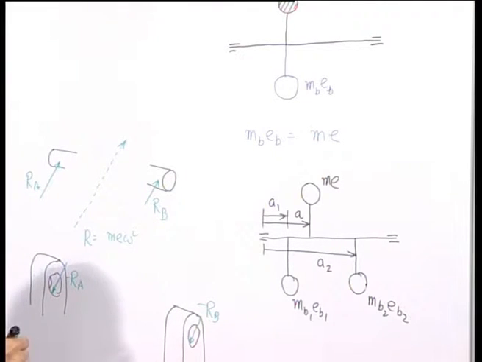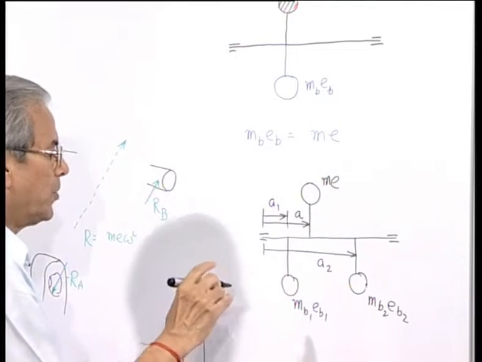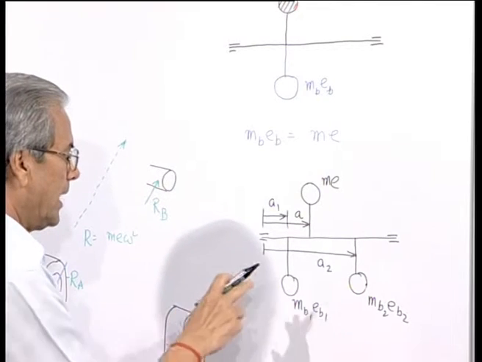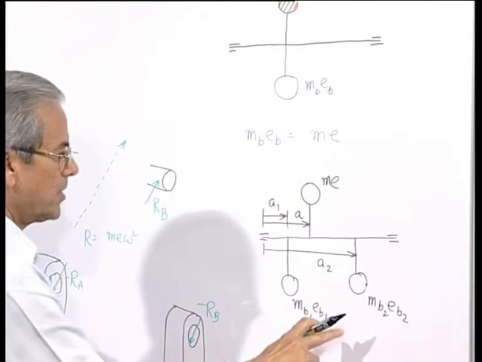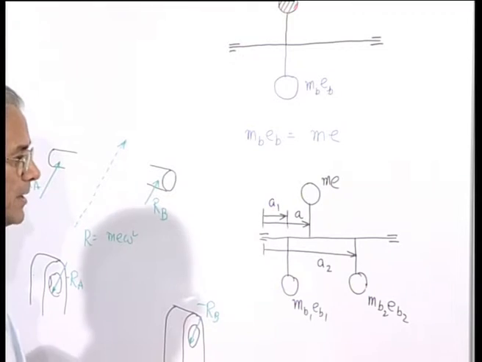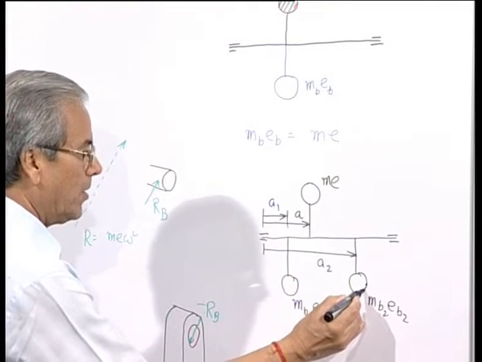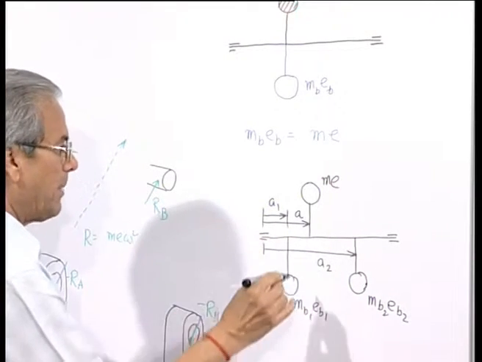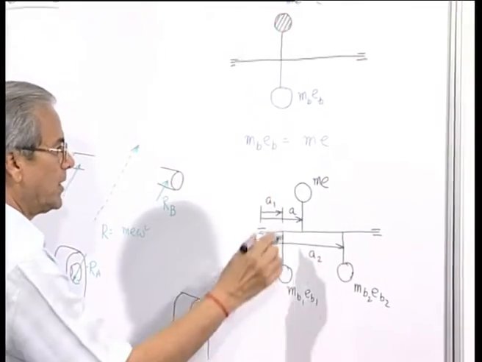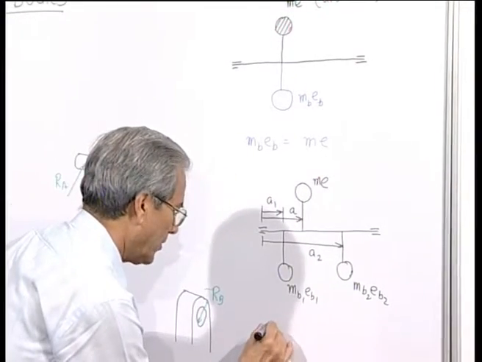In such a case, we have to satisfy two conditions. The resultant centrifugal force produced by these two balancing masses must be equal in magnitude and, of course, opposite in direction to that of the unbalance.